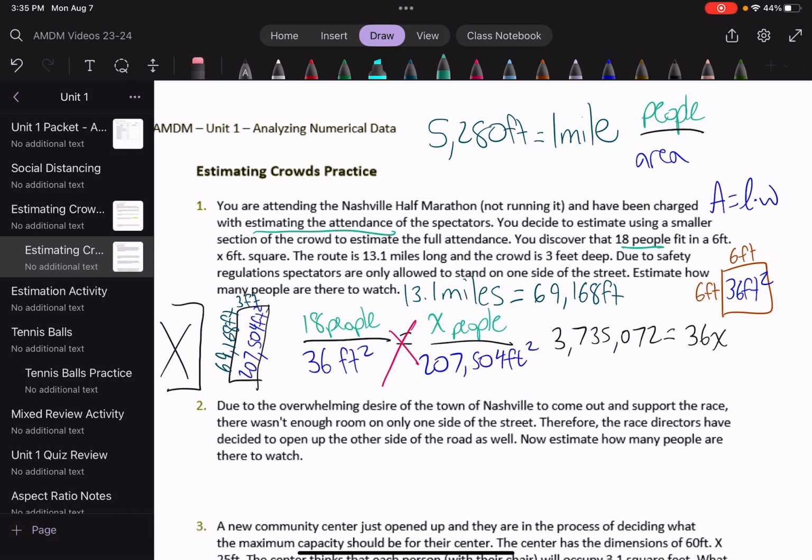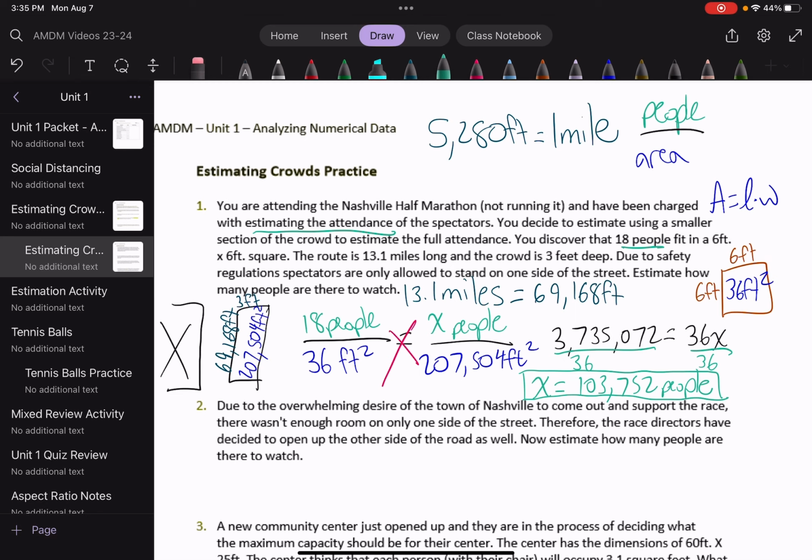And now to find the amount of people that can approximately fit into the side, I'm going to divide both sides by 36. So in this spectator area, we're going to have approximately 103,752 people. Keep this in mind for the next question.